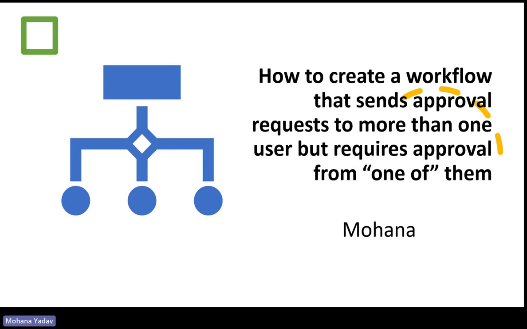But if one of them approves the request, the purchase order should be released without waiting for approval from other approvers. So let's check how to set up approval workflow for this scenario.